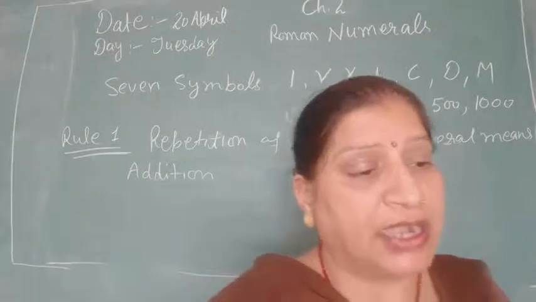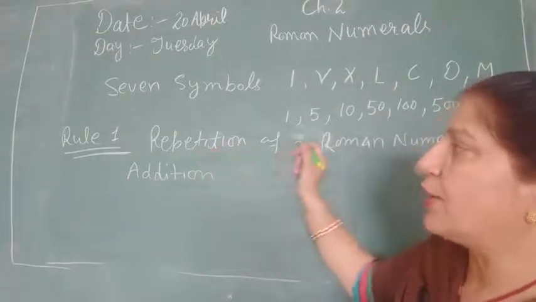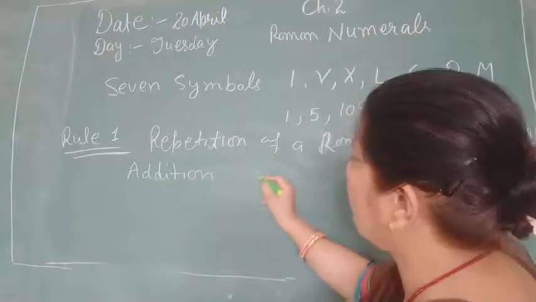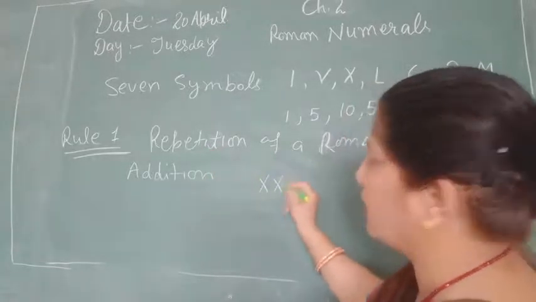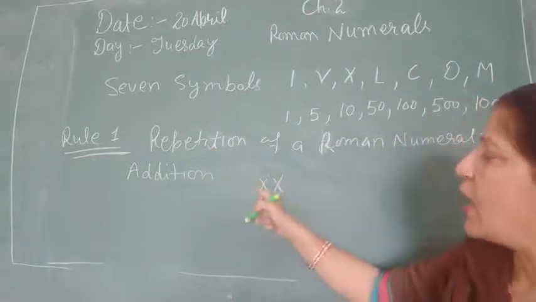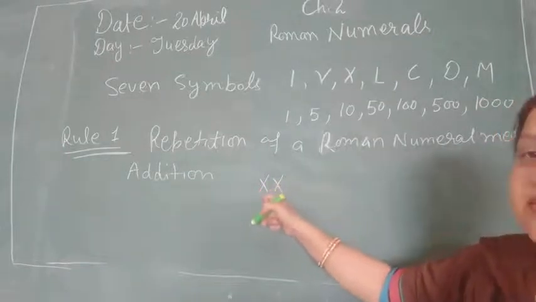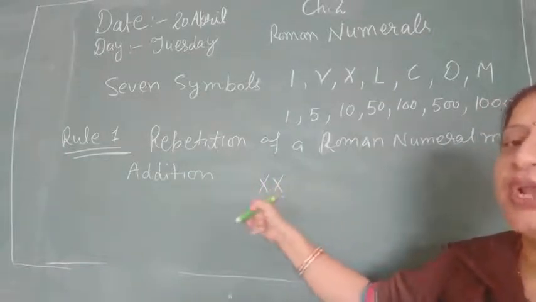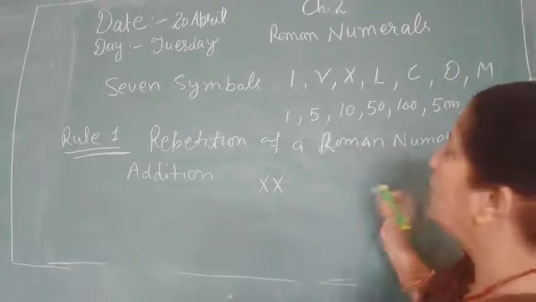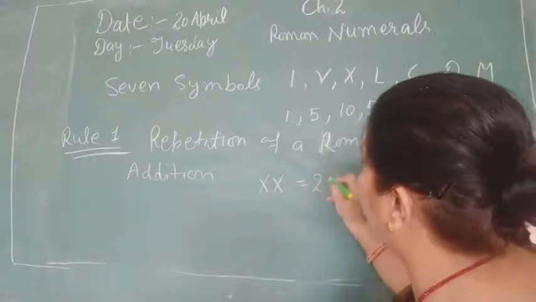It means that when we write a numeral 2 times, like X, X, the numeral X is repeated. So X and X means the number is 20. Clear this one? If we write X, X, that is equal to 20.